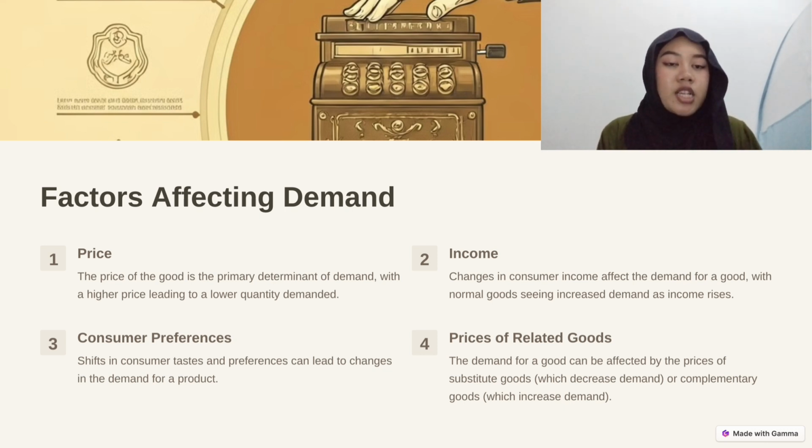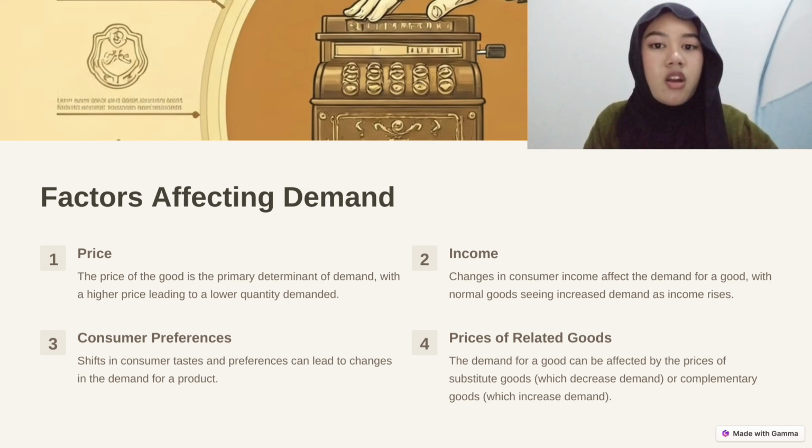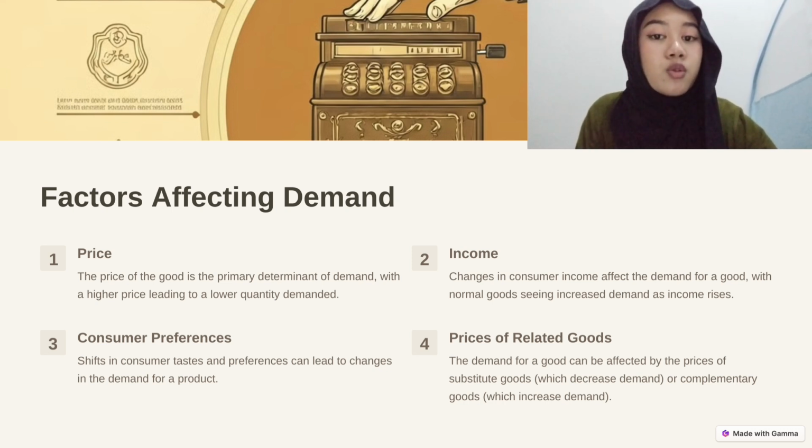Consumer preferences. Shifts in consumer tastes and preferences can lead to changes in the demand for a product. 4. Prices of related goods. The demand for a good can be affected by the prices of substitute goods, which raises demand, or complementary goods, which increase demand.